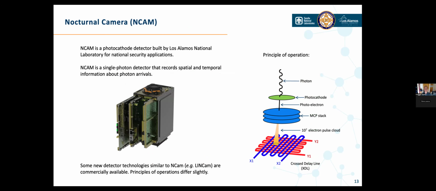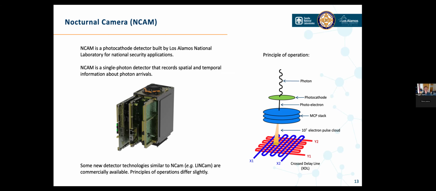We're trying to take this detector for biological imaging. NCAM, or nocturnal camera, is a single photon sensitive device. And I'll point out that this is a category of detectors called photocathode detectors. Photocathode detectors essentially have a single pixel of a photocathode material that is sensitive to single photons.